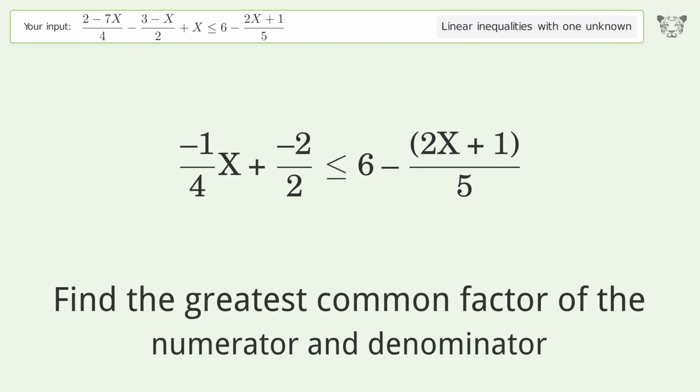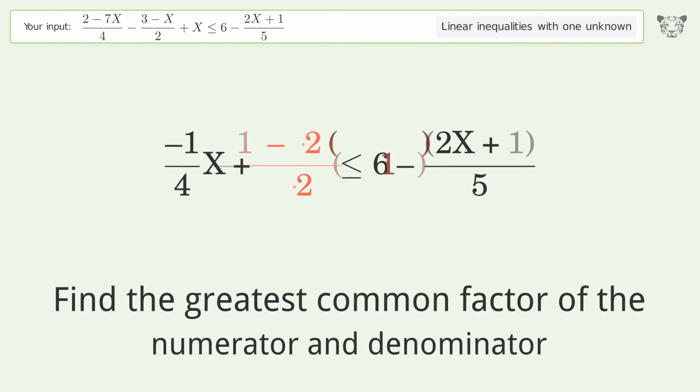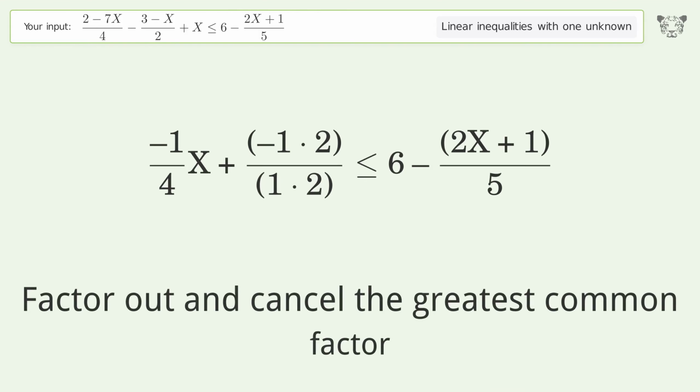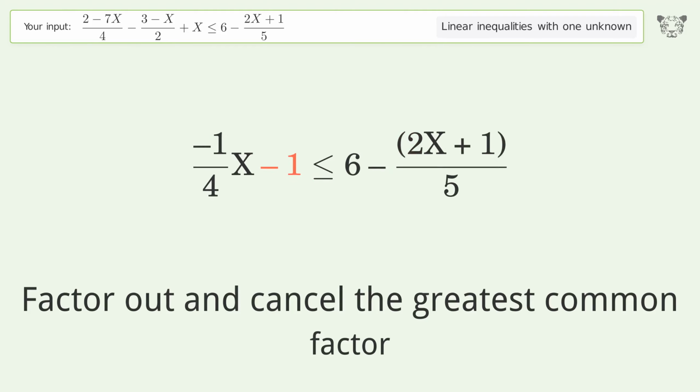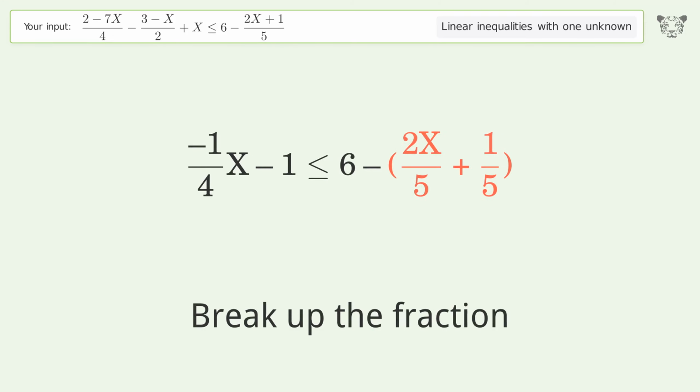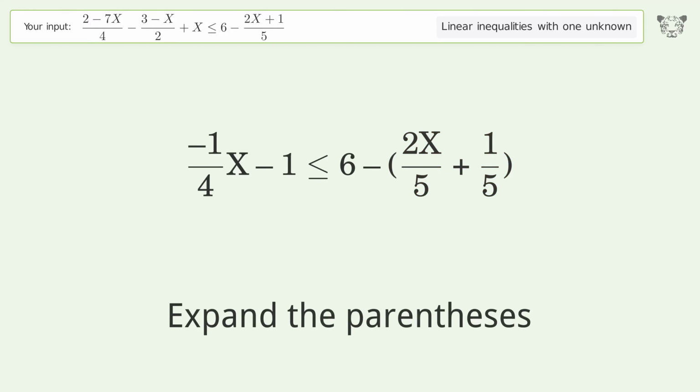Find the greatest common factor of the numerator and denominator. Factor out and cancel the greatest common factor. Break up the fraction. Expand the parentheses.